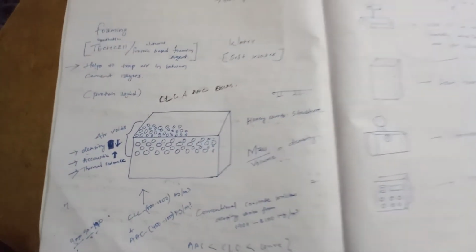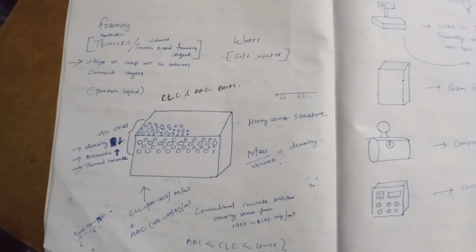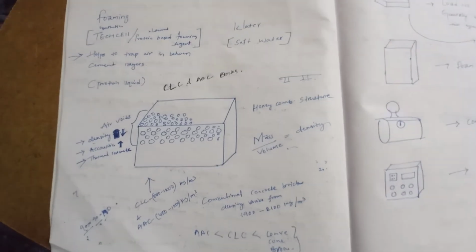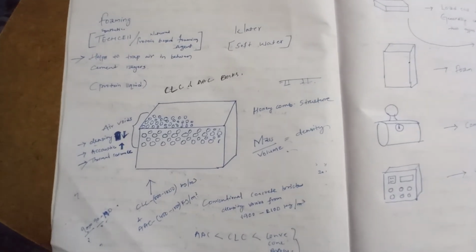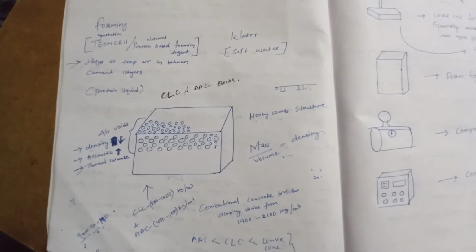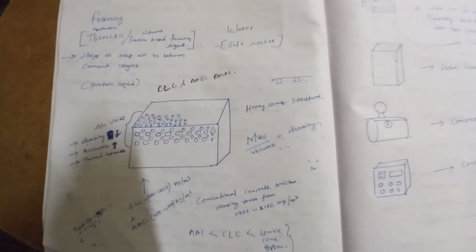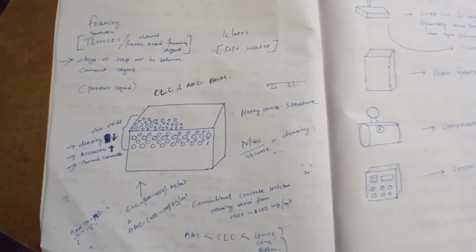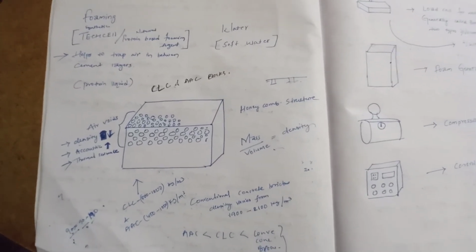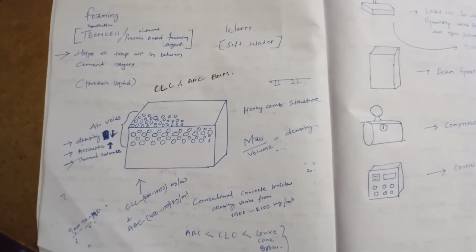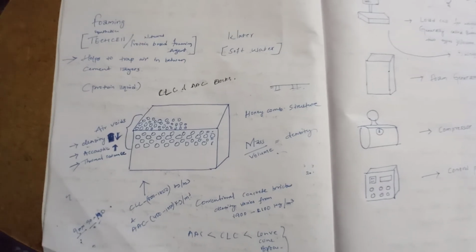And the reason I am discussing CLC blocks or AAC blocks is that this is a rapidly growing industry, and people are getting attracted to establishing these industries. While starting this type of industry, we need to have some knowledge about what we are going through, what the process is.